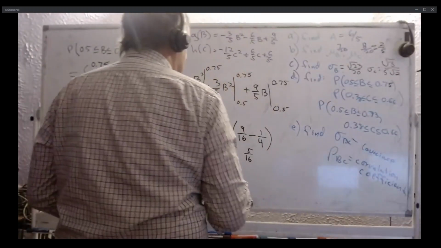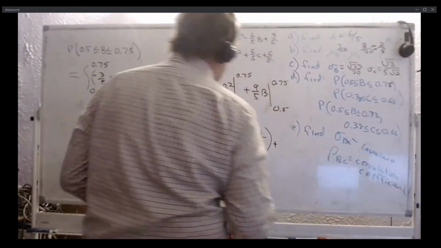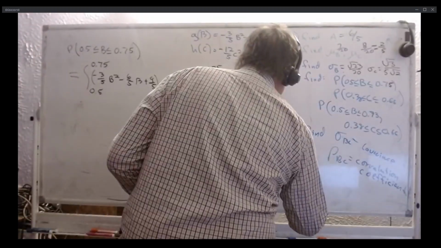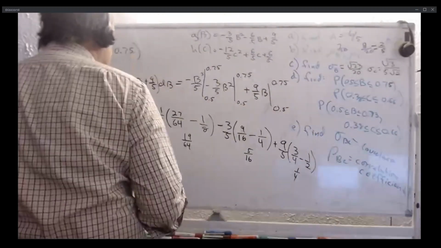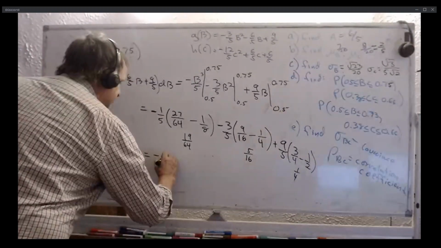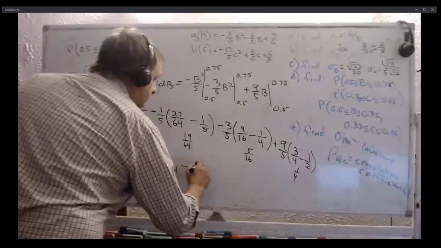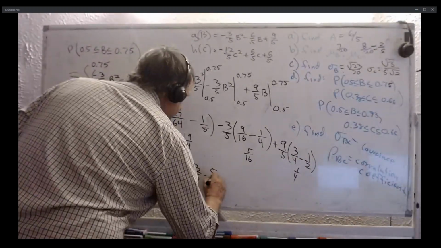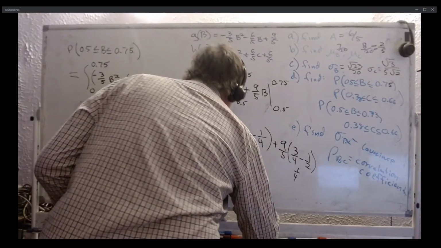And then we have 3/4 minus 1/2 times 9/5. 3/4 minus 1/2. Well, that's 1/4, obviously. So what do we end up with, guys? Plus 9/5 times 1/4.